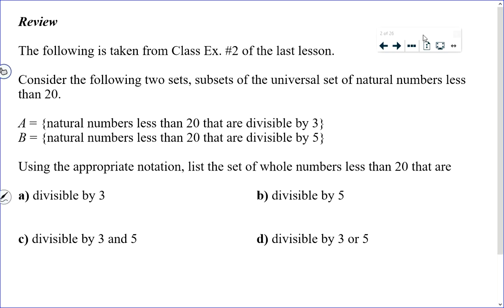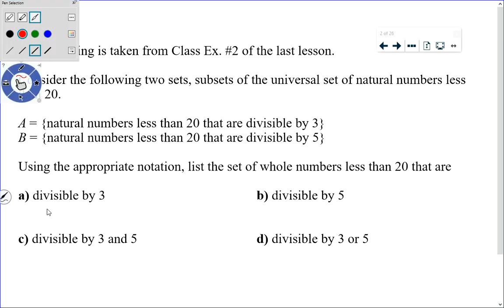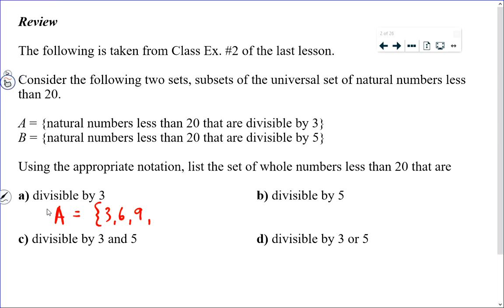So what are the numbers that are in set A? Those are numbers in the universal set that are divisible by 3, so they're multiples of 3. Set A will include, and this is the proper notation, 3, 6, 9, 12, 15, and 18.